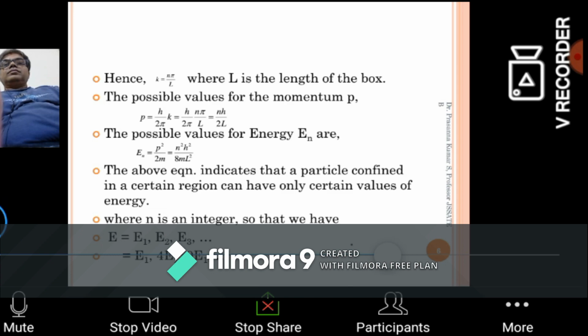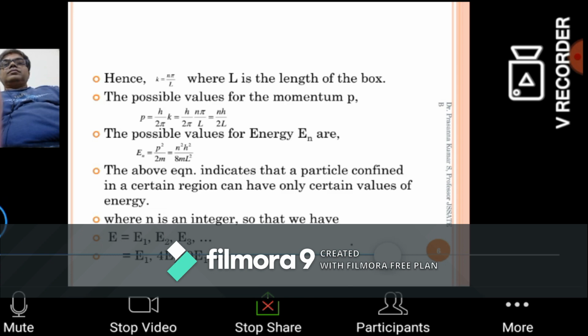So here what you see is that whenever the electron occupies different energy levels, it can have energy only E1. The next probable energy for the electron is 4 times E1, the next probable one is 9 times E1, 16 times E1, 25 times E1, and so on. But you don't see energy values like 3 E1, 8 E1, 10 E1, or 15 E1.